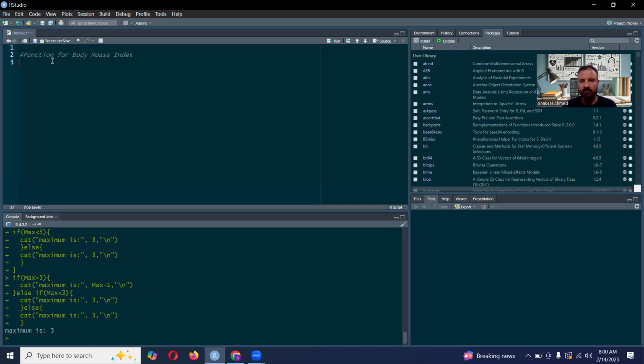For body mass index computation, we need two inputs, the height and weight.